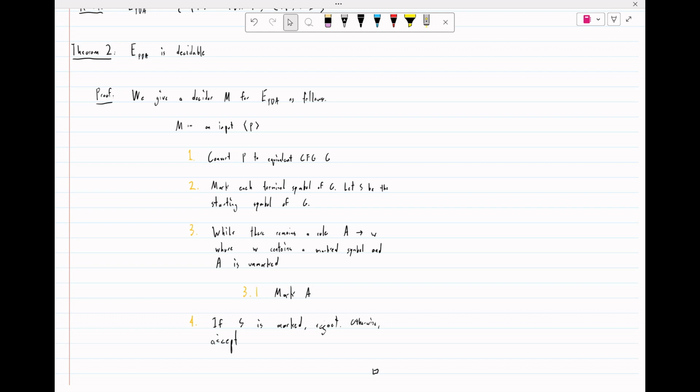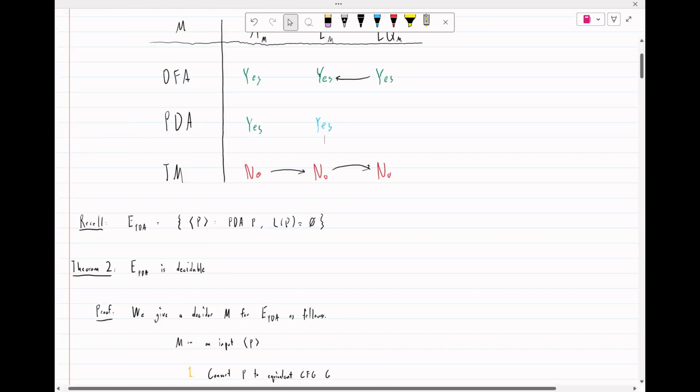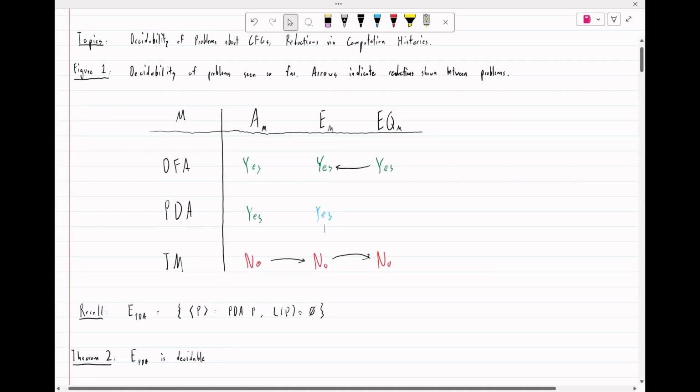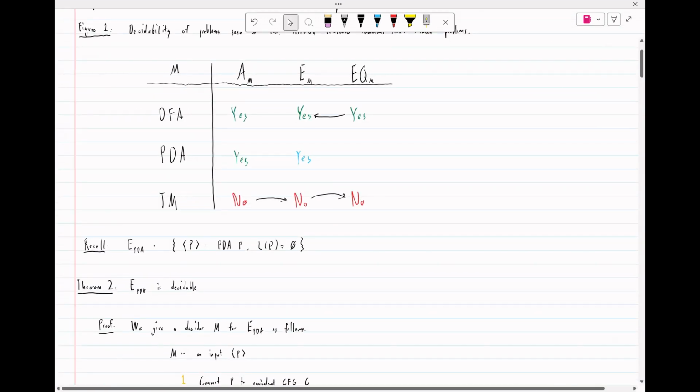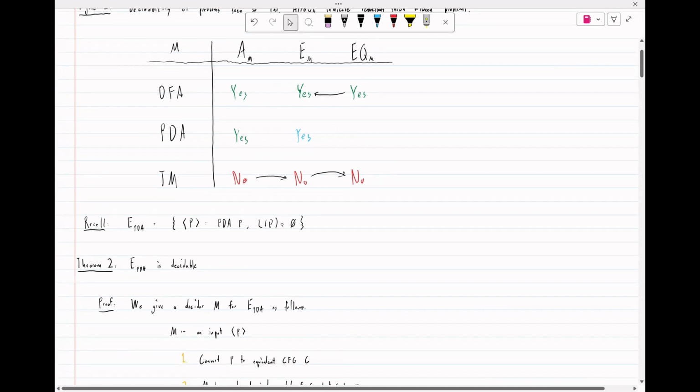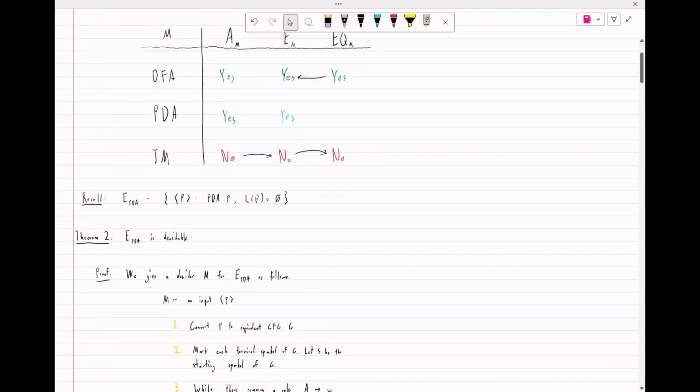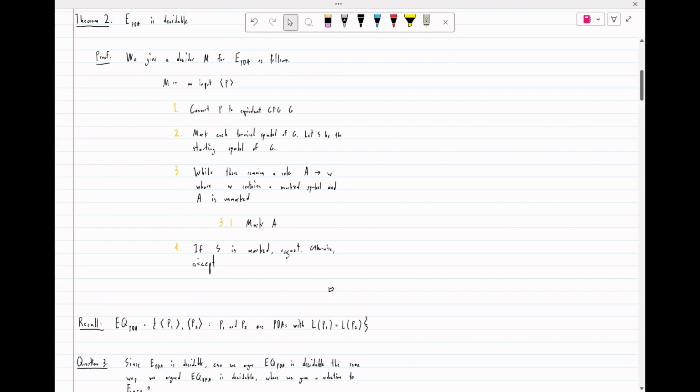Now, I did mention at the beginning of lecture that the technique that we're going to use to prove this is the same technique that we're going to use to prove the undecidability of PCP. There's a bit of a skill spike here in proving this. And so to work our way up to proving this, we're going to start with a different problem.